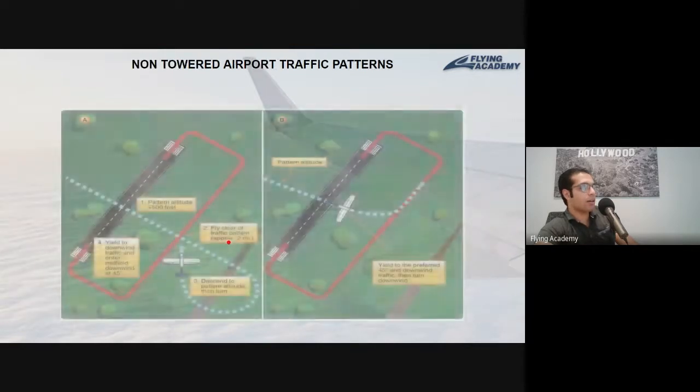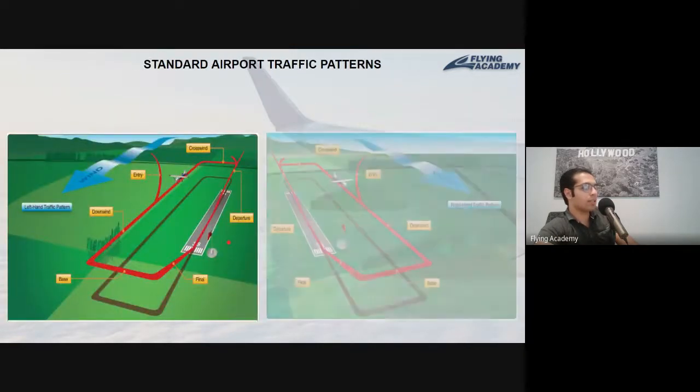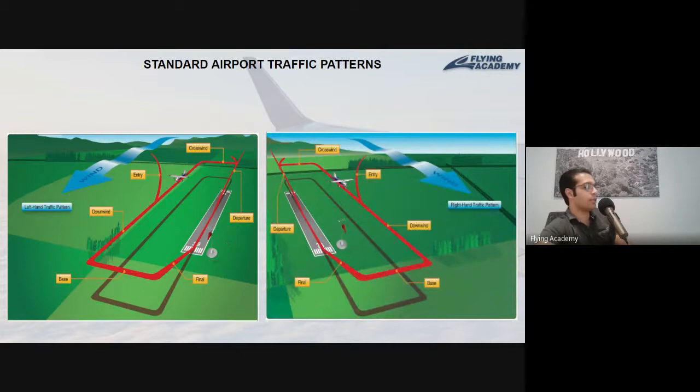Some airports, based on availability, how busy they are, the controller, or even if they have houses here and don't want airplanes flying over them, will have only one runway with a non-standard traffic pattern to the right. So based on the decision of ATC, the location of the airport, and the situation, they will come up with traffic pattern turns.